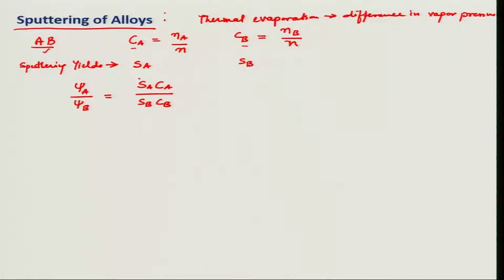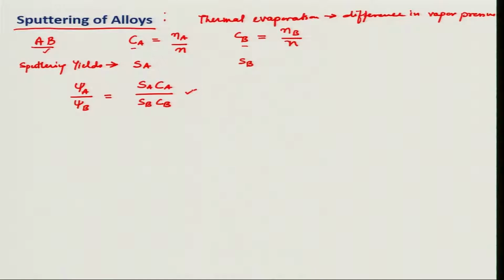Or if the concentration of B is higher in the alloy, then for the same sputtering yields, more B will be sputtered. So, in the flux, or the material which is coming out and going to be deposited on the surface or substrate, my psi A and psi B ratio is like this.